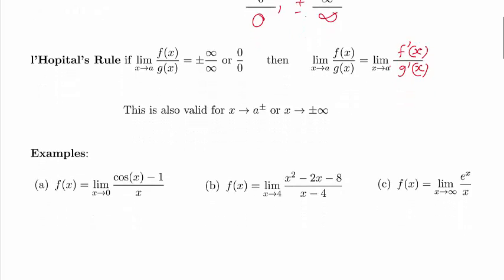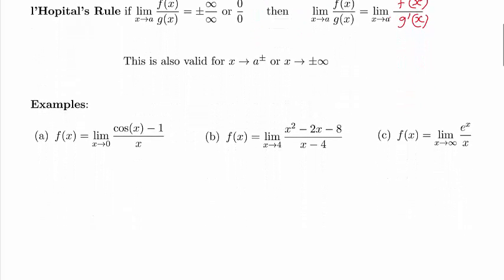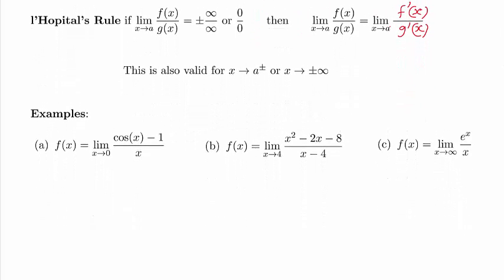So let's do some examples. First thing you do is plug in 0 to see what happens. Cosine of 0 is 1. 1 minus 1 is 0. And in the bottom we have simply x. So you get 0 over 0, which is an indeterminate form. So we take the derivative of the top and the derivative of the bottom.